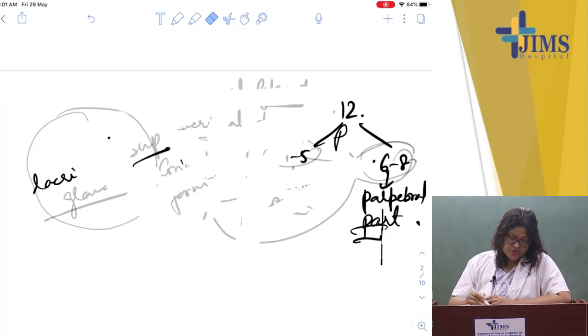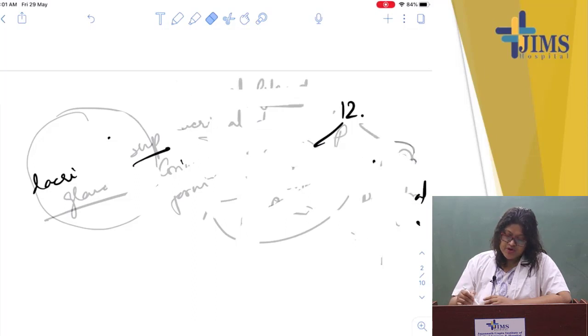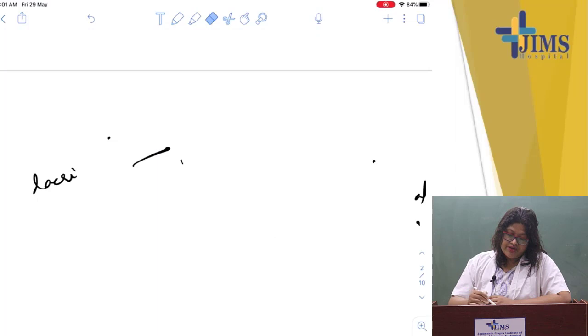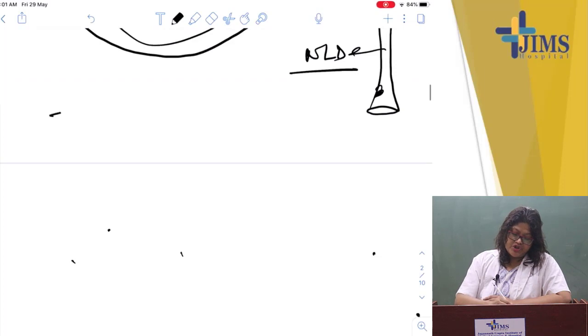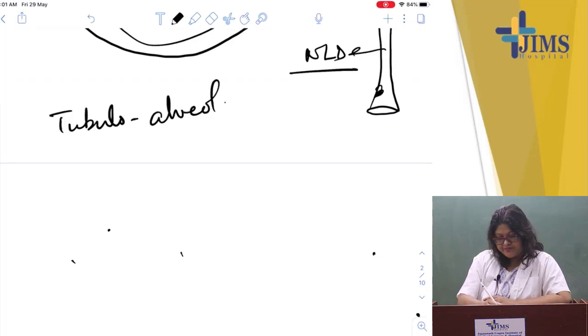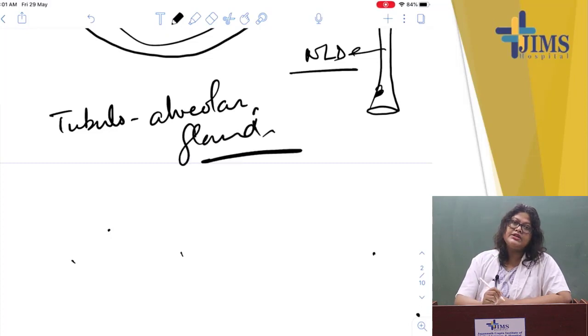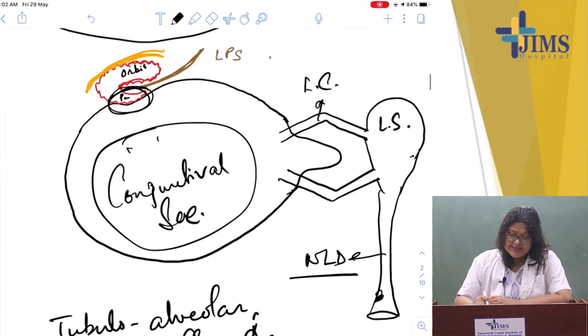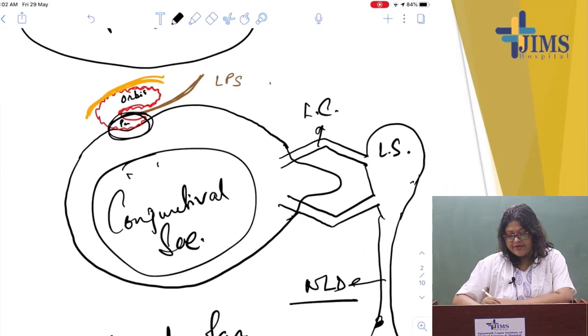Next, we come to the structure. We have already read the glands. It is a tubulo-alveolar gland. This much you remember. Now you can see that this is the lacrimal gland.